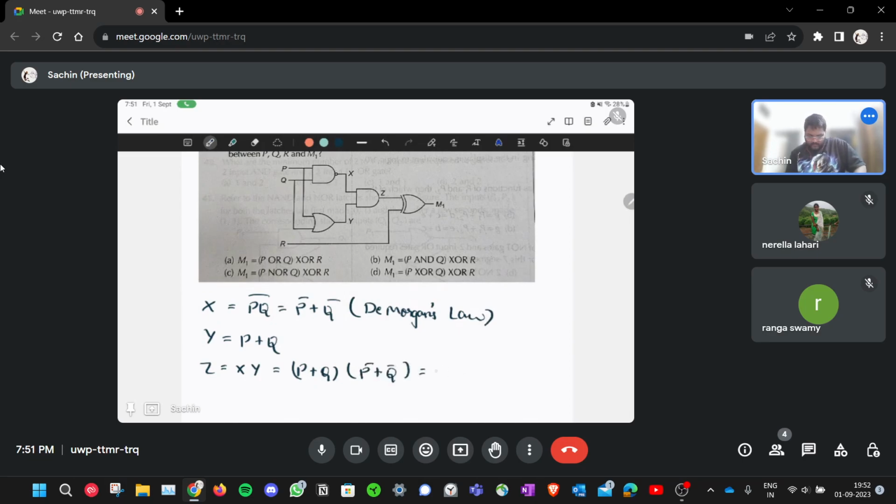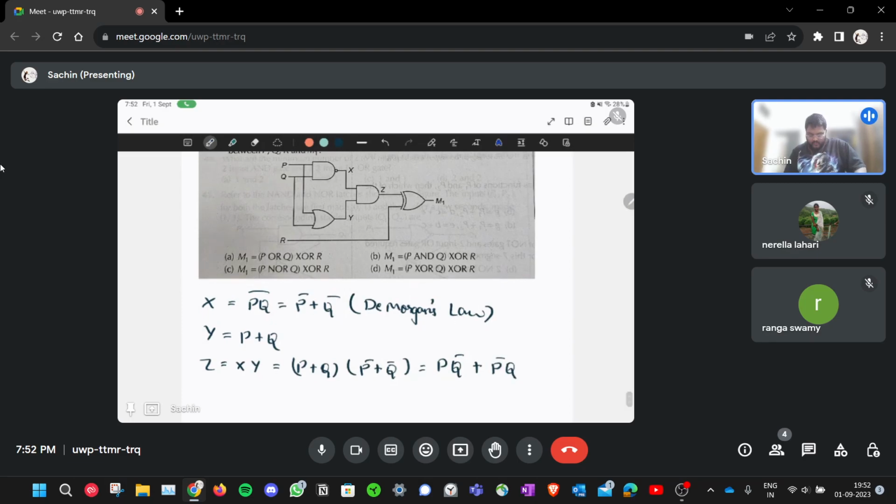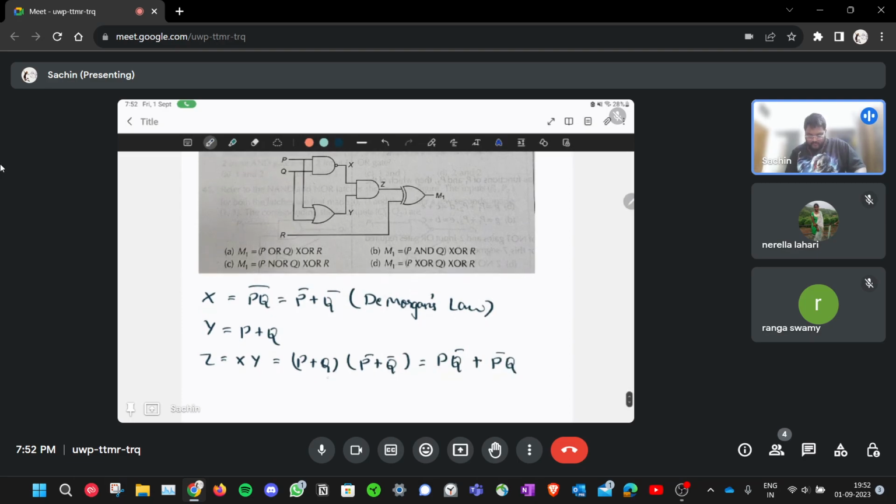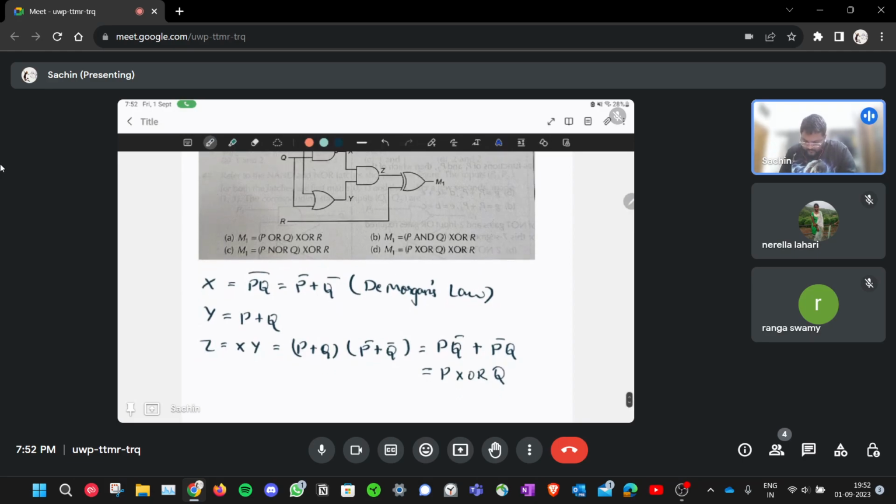So you get p bar, which is 0, plus q bar plus p bar q plus q bar is 0. This is p XOR q, that's z.